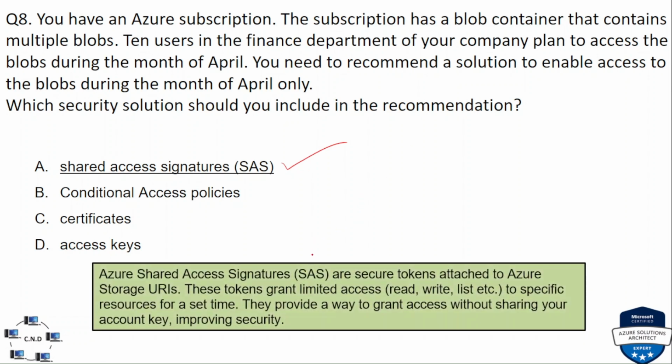And this is the explanation for the shared access signature, that is this correct option. You can read the explanation if you like. I will go to the next question.